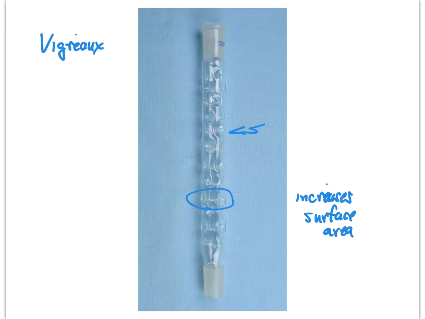And so if we use this Vigreux column and we heat it so that the condensation ring rises gently up the column, we can get somewhere between 5 and 7 theoretical plates out of a column like that. Okay?